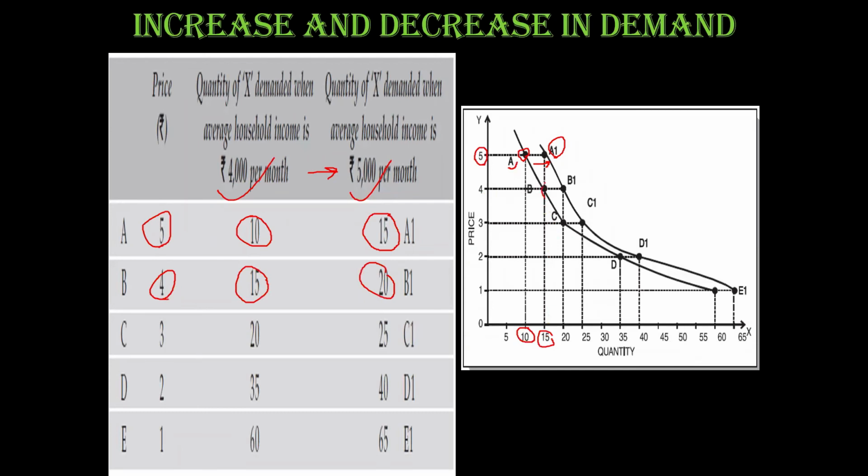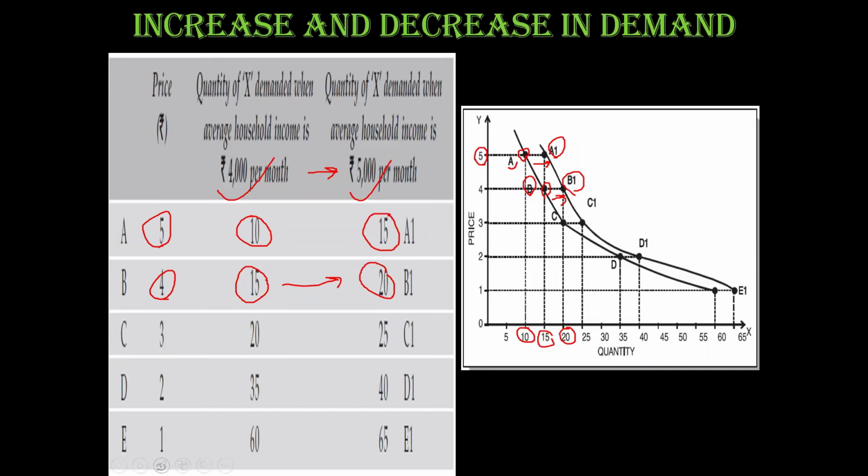So the point connected here is point B. But when income increased, our demand increased. It became 20. So the point connected here is B1. Now again you can see the right side shift.